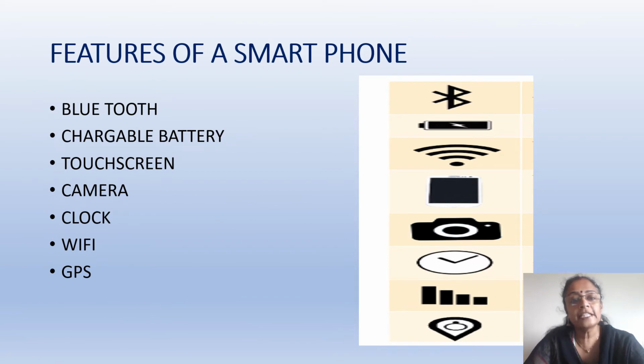Smartphones now have features like Bluetooth, chargeable batteries, touch screens, camera, clock, Wi-Fi, and GPS. All these features help in communicating and storing information very easily. Some of the features have been explained here.